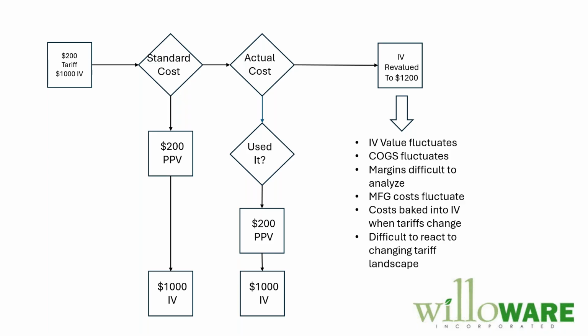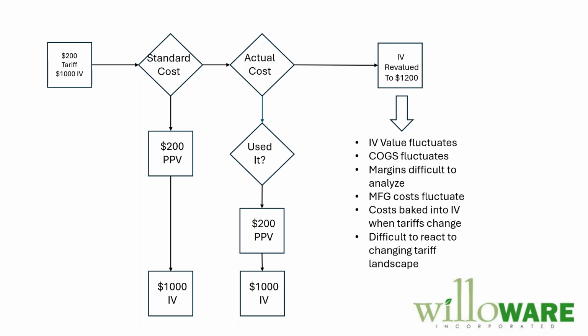The best case scenario when everything does work is that the inventory does get revalued. But as we've seen with the tariffs, they can go up quite a bit, they can come down quite a bit. This can happen within a short period of time. And if you're building that cost into the cost of your inventory, that makes your inventory value fluctuate wildly.